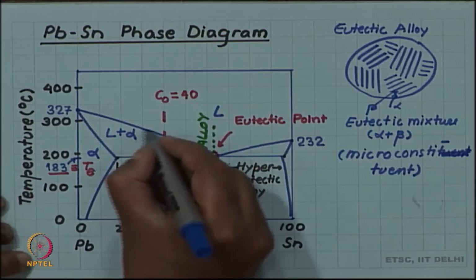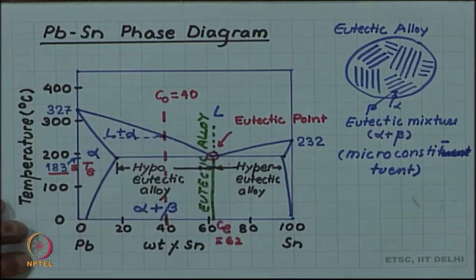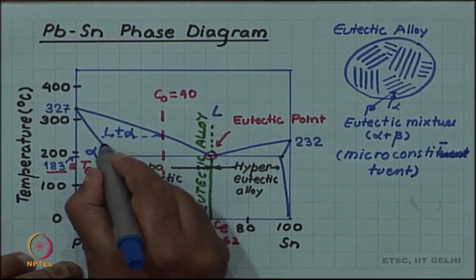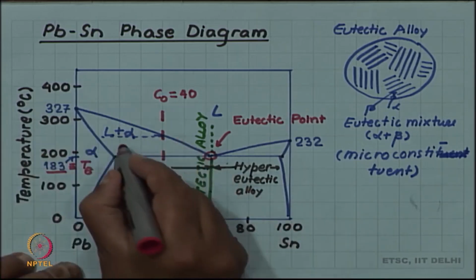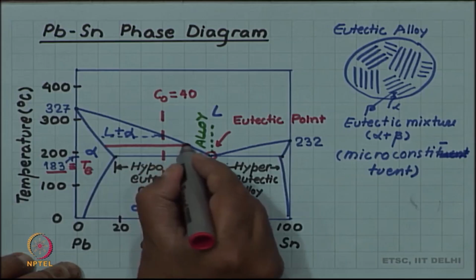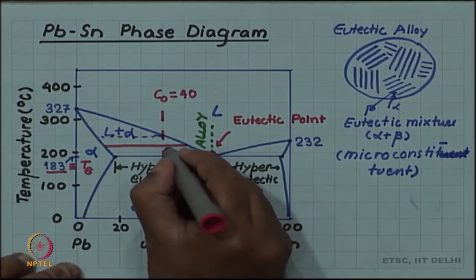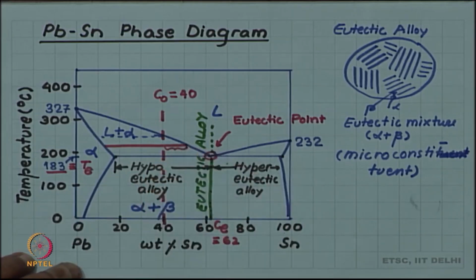So, as soon as it hits the liquidus at this temperature, alpha starts forming, and as you gradually cool, you will draw tie lines at lower temperatures. If I draw a tie line at this temperature, more alpha will form and the amount of alpha will be given by the opposite lever arm, that is this much.